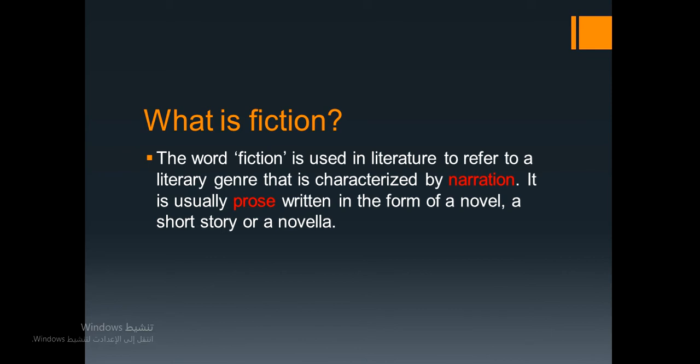If we start with the question, what is fiction? The word fiction is used in literature to refer to a literary genre that is characterized by narration. It's usually prose written in the form of a novel, short story, or novella.